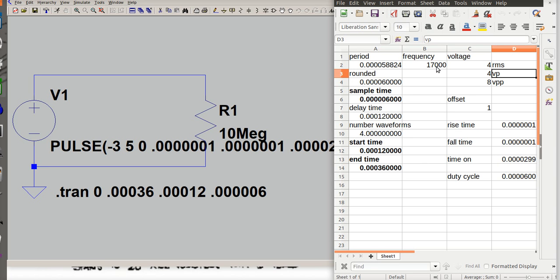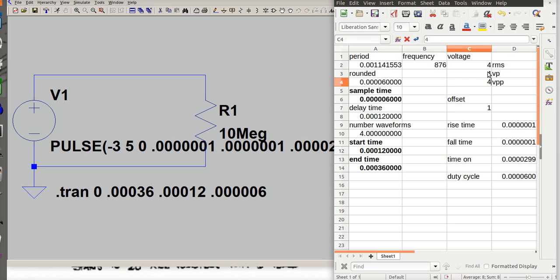So I'm going to pick a frequency, and I'm going to pick 876 hertz, and I'm going to make it a 4 volt peak to peak.